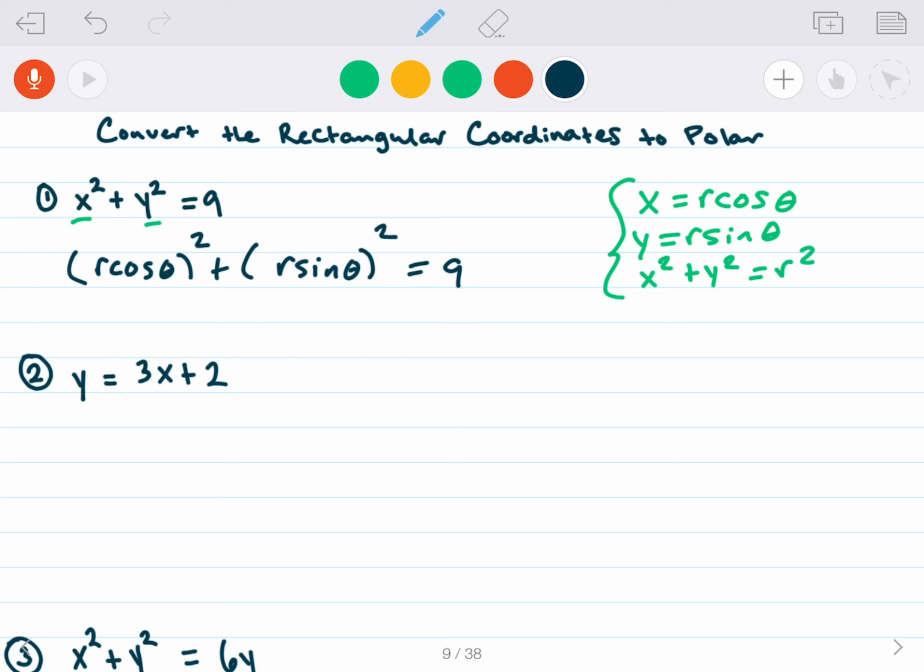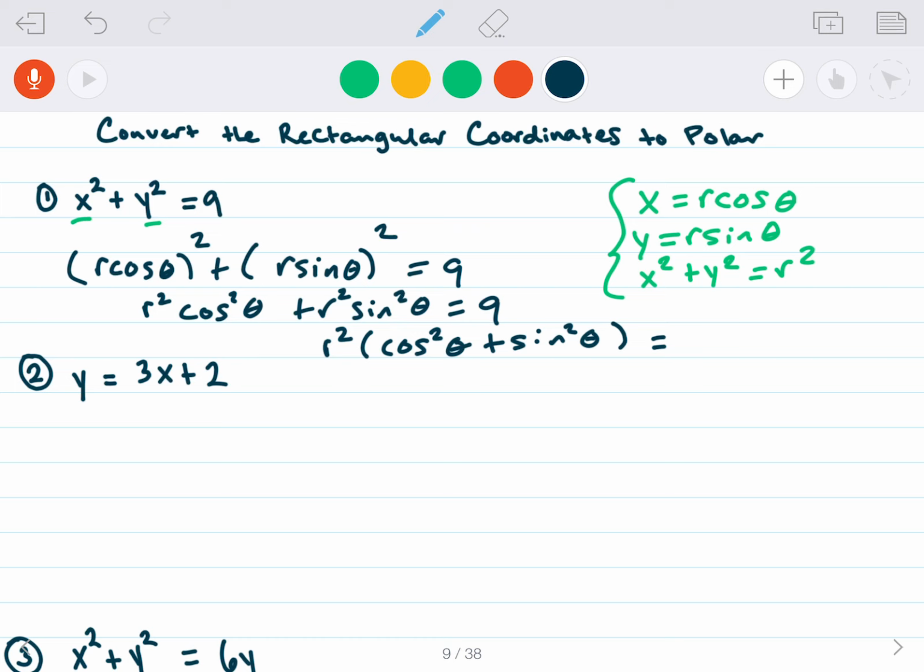And if I square both of these things in parentheses, I get r squared cosine squared theta plus r squared sine squared theta equals 9. And if I factor out an r squared, I'm left with r squared times (cosine squared theta plus sine squared theta) is equal to 9.